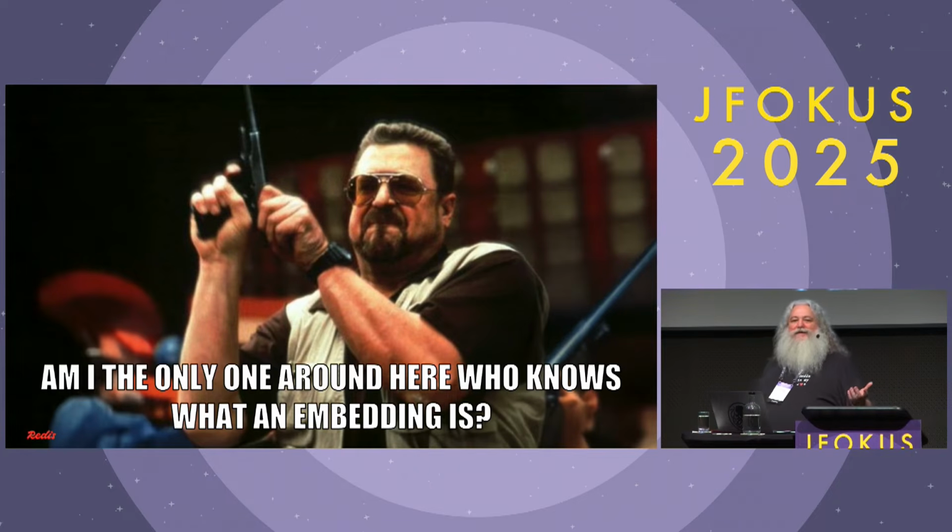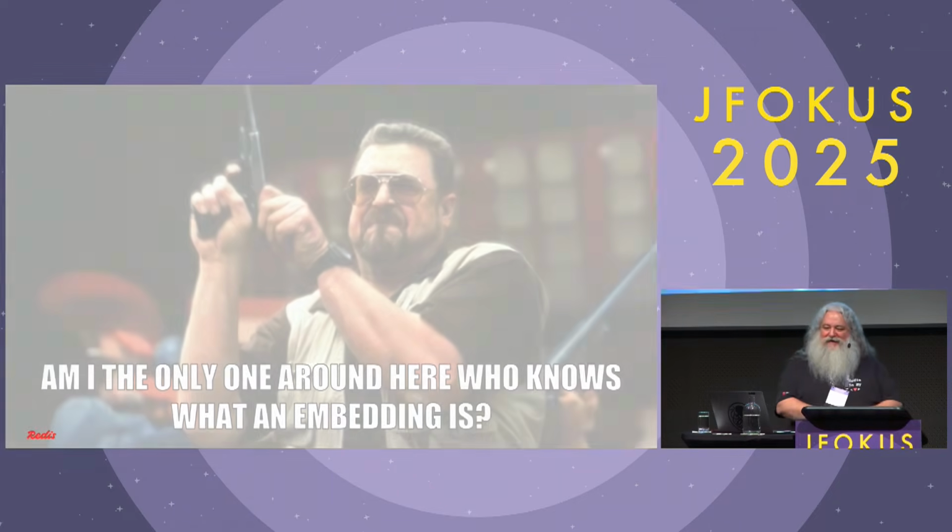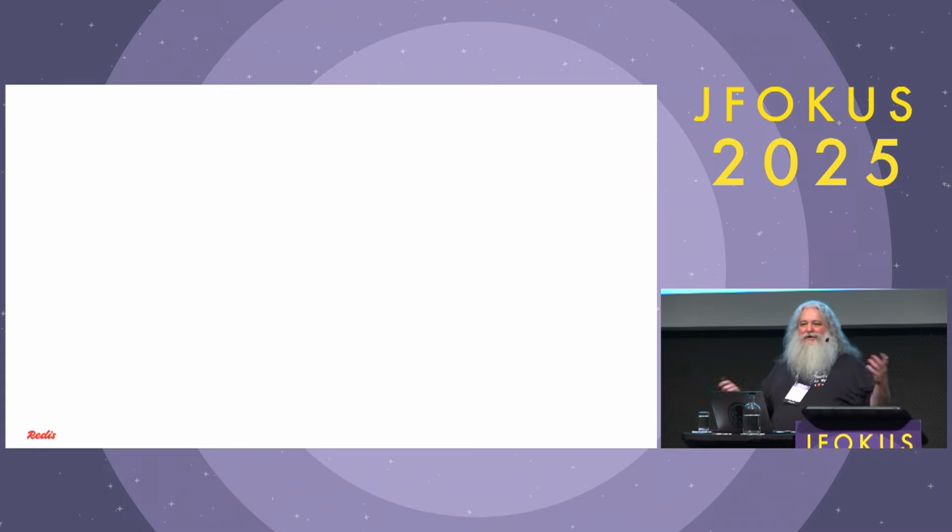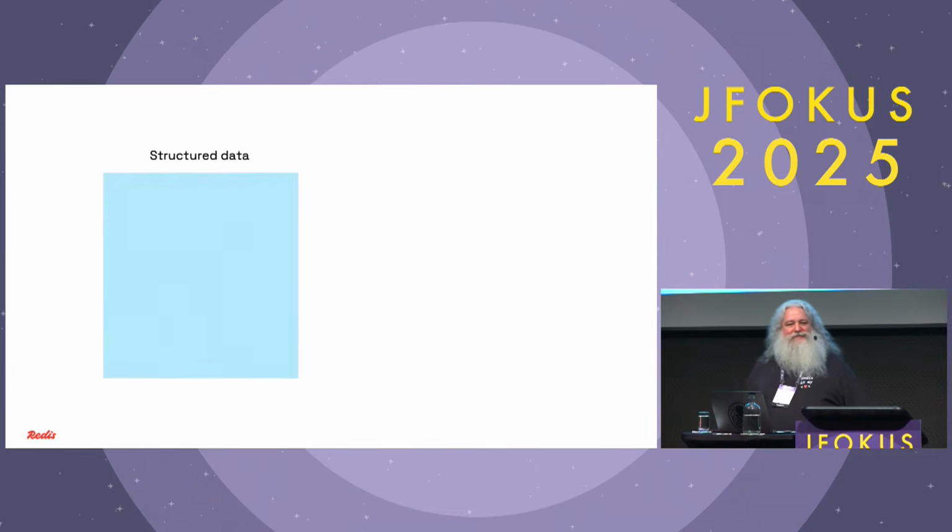To understand embeddings, I want to talk a little bit first about data. We've got two types of data that we run into in our applications as developers. Just in the world in general, there's structured data. We know what structured data is. This is the stuff that we put in our relational databases, in our key value stores, in our caches. If you're using Redis as a key value store, MongoDB as a document store, or MySQL as a relational database, that's structured data.